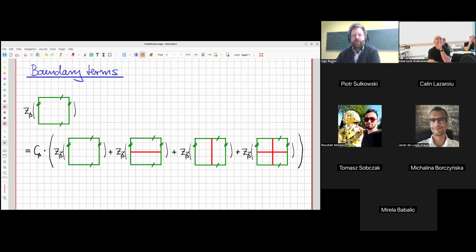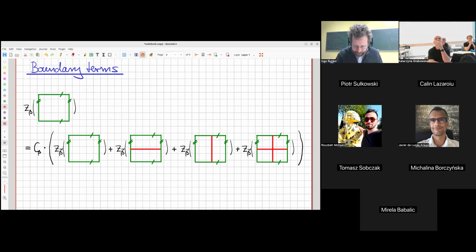Sorry, Ingo, just to interrupt you. Whenever you say this or that, we don't see the pointer. Do you see a little hand which moves around? No. You can see your hand, I wouldn't call it little, but I don't see the pointer. I'm not sure how to fix this. I was hoping I can mark things.